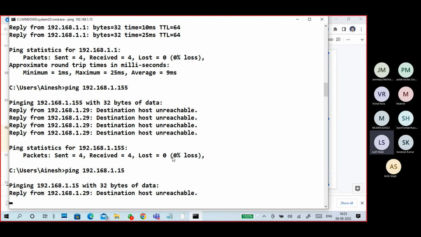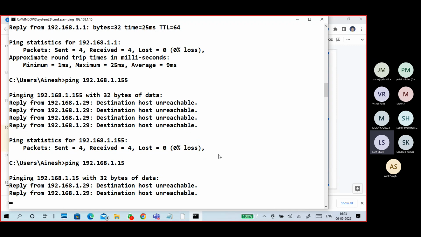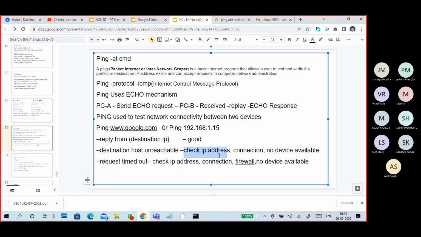Instead of the right IP address, I gave a wrong IP address. It is possible, right? So then check the IP address. Check the connection. Make sure the device is available. Either this IP address is wrong, or the device is not available, or the connection is down. In these 3 cases, you will get destination host not reachable.